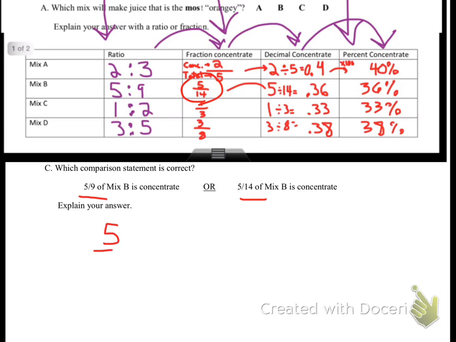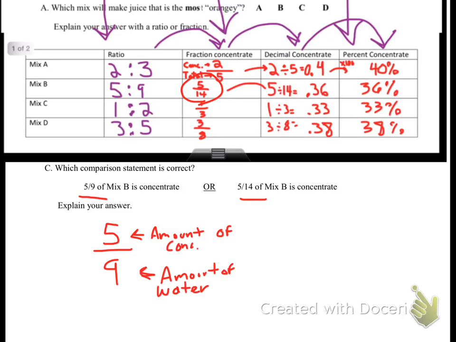If we take 5/9, they're using the 5 as the amount of concentrate and 9 as the amount of water.